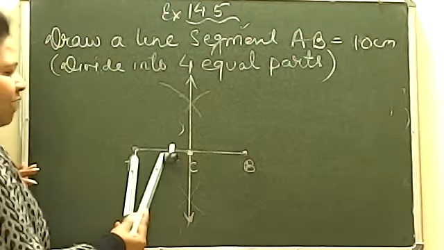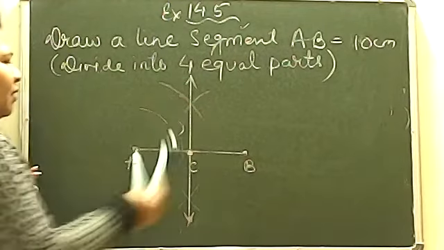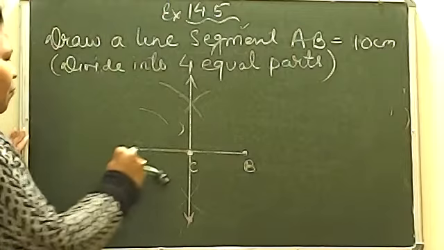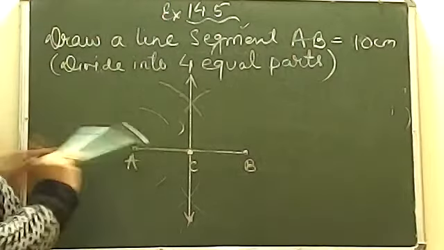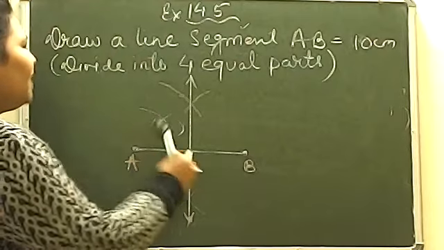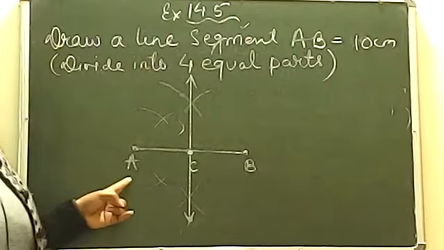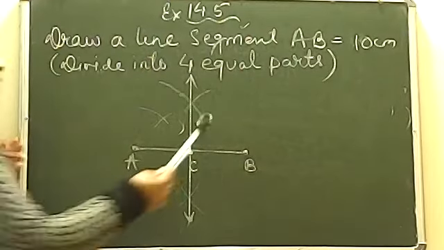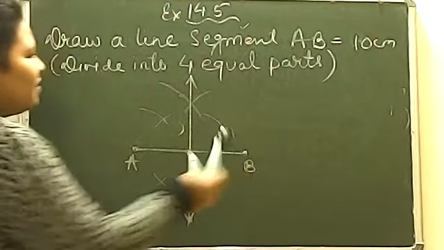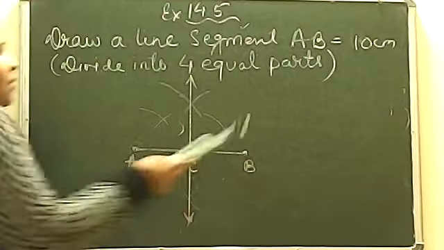Again, more than half for A and C. I took it. Now one time here and one time here. Now once again with the same thing from C, one time up, one time down. I took it this side. Now the similar thing I will do for C, this side as well, right side, up and down.